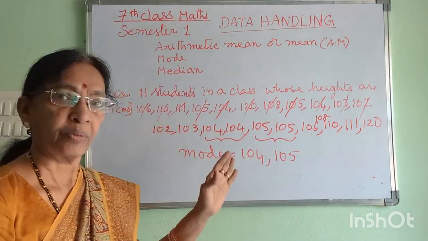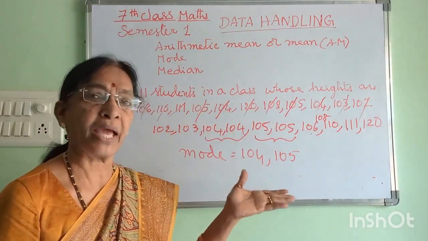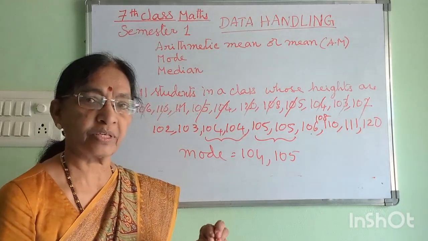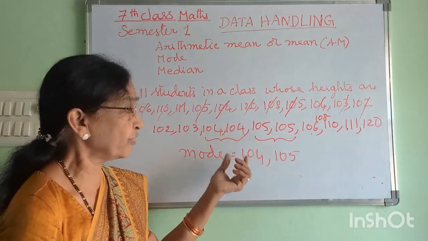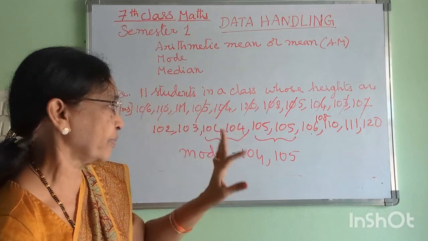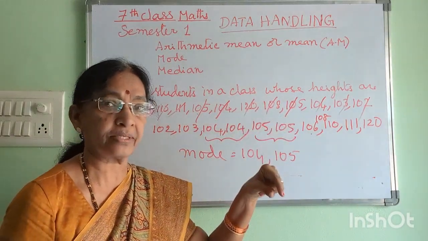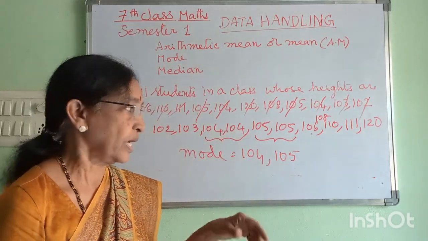The mode is the observation which occurs the maximum number of times. Therefore, the mode will be in the observations. 104 is in the observations, 105 is in the observations. Whereas the arithmetic mean may not be in the observations.